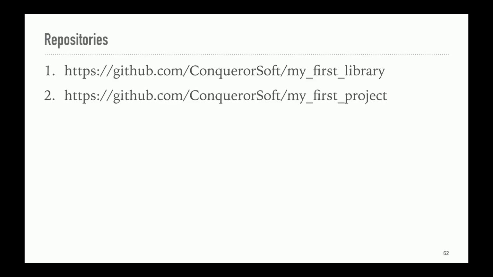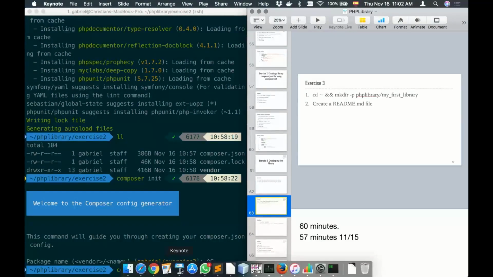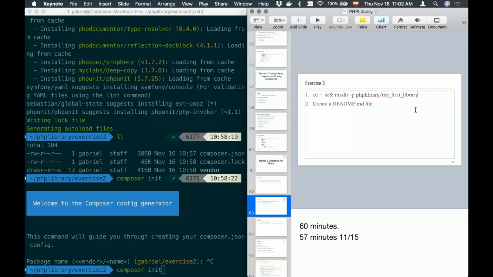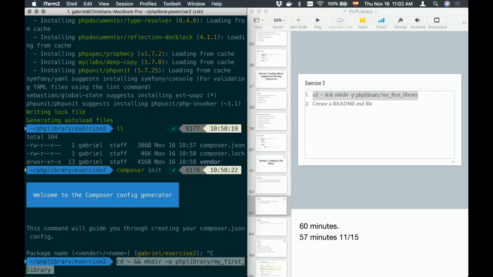We have two because we are going to develop a library, but we are going to have a project that is going to use that library. So we are going through the whole cycle. So exercise 3, I'm just going to copy from here also. I'm going to have this on the right. I'm going to copy this.